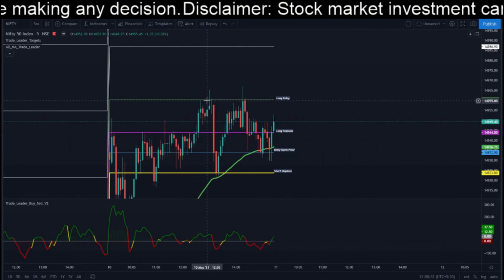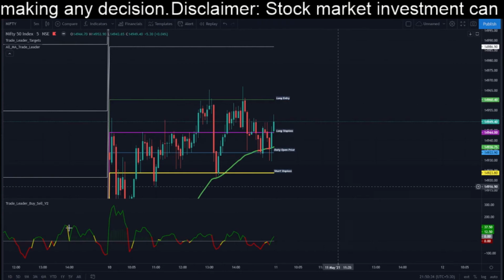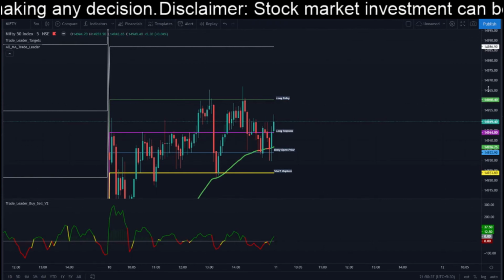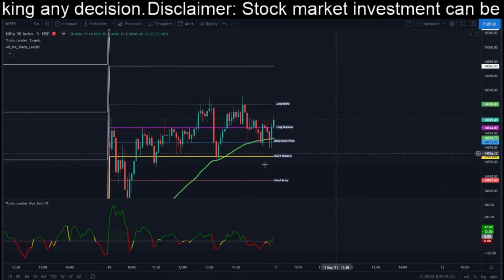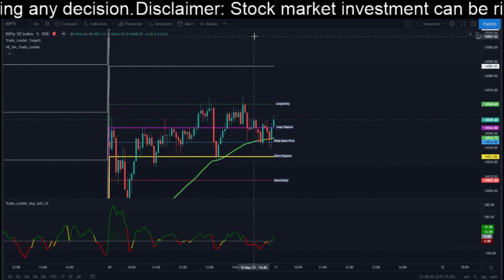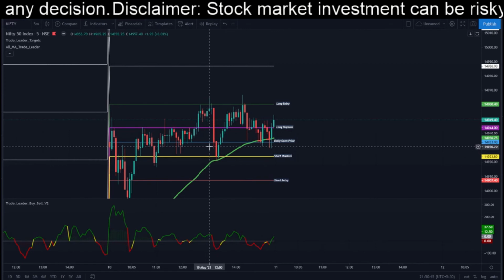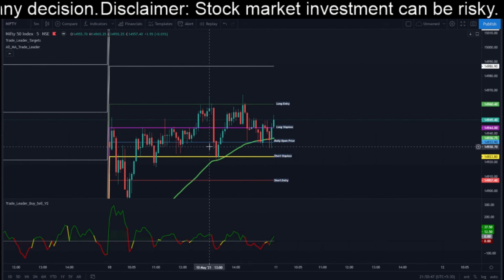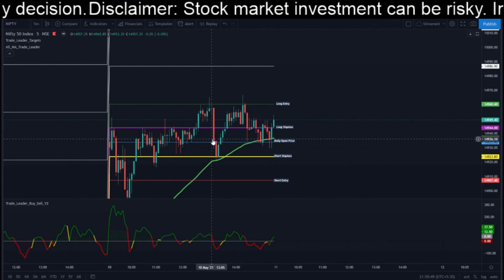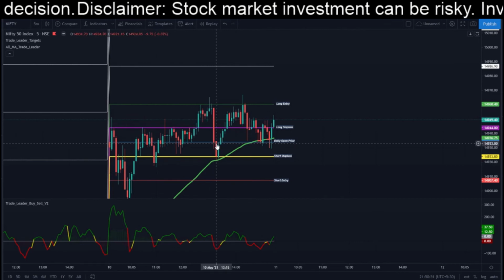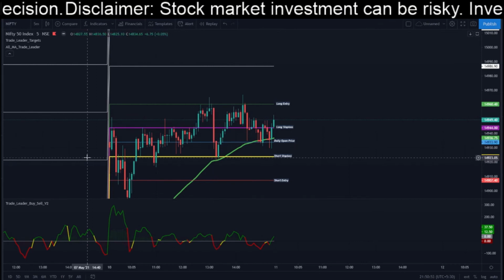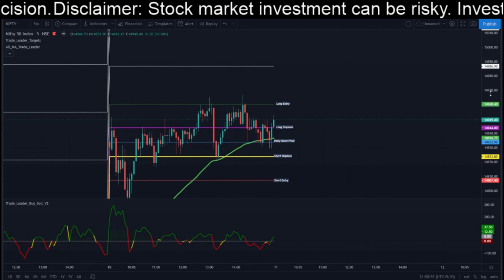Understood? Every single line is your target. Don't keep target as this one or this one. You can see here the single candle covered how many points. Got it.